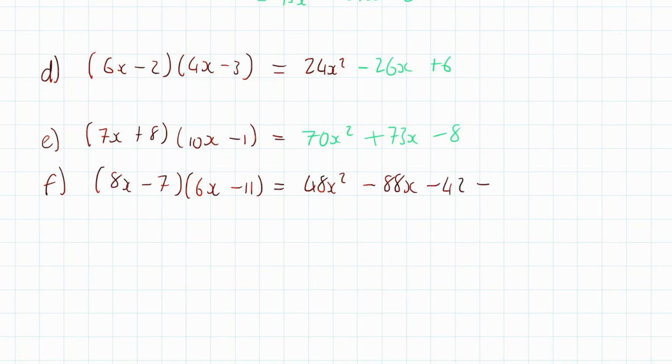And then we go, what's that, positive 77. Then when we simplify it, we're going to go minus 88 minus 42. Oh, that should be an x there, shouldn't it? And that's negative 130x plus 77.